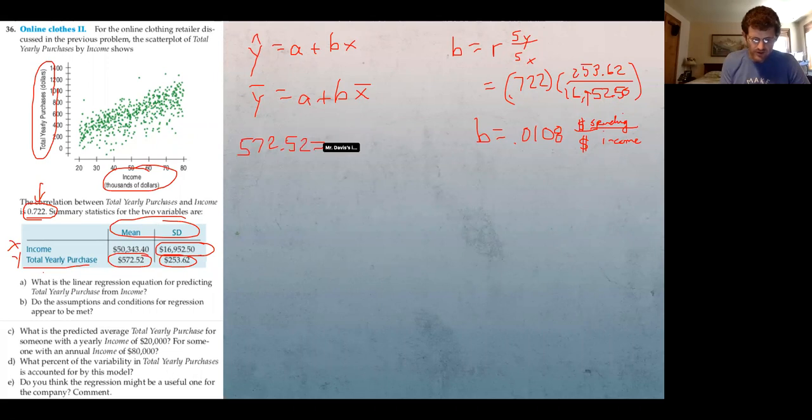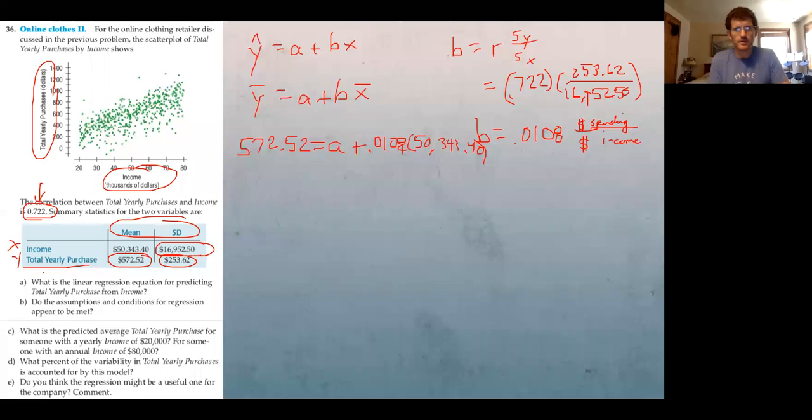A is unknown, B is 0.0108, and the average income is 50,343.40. So again, basic algebra at this point, so you can calculate that at home and we'll see what the answer is.